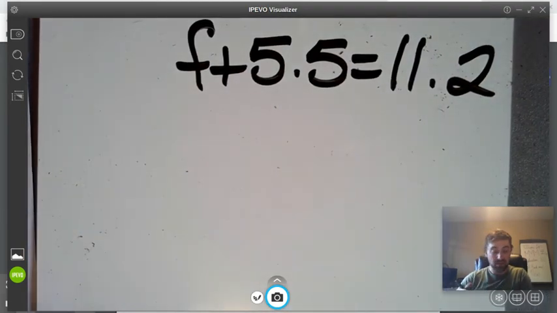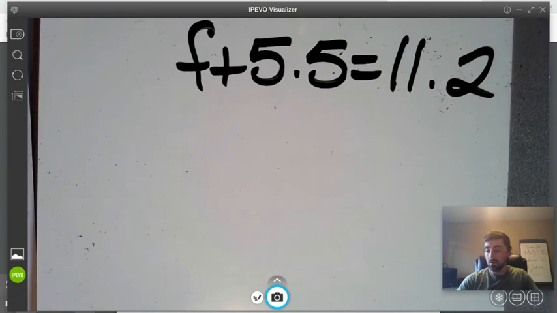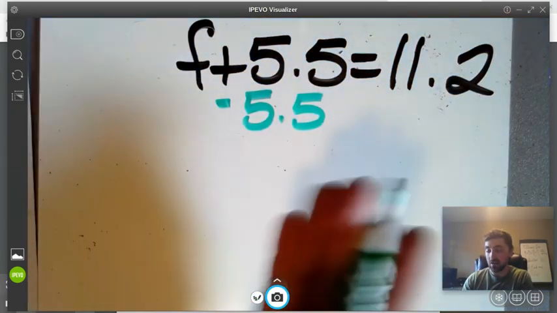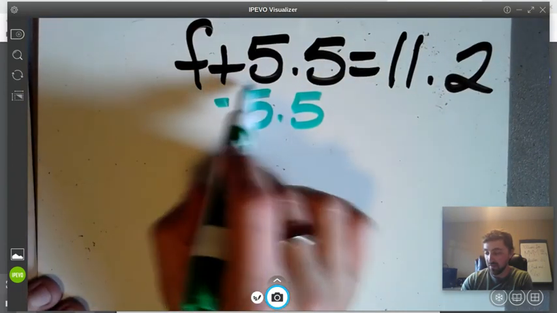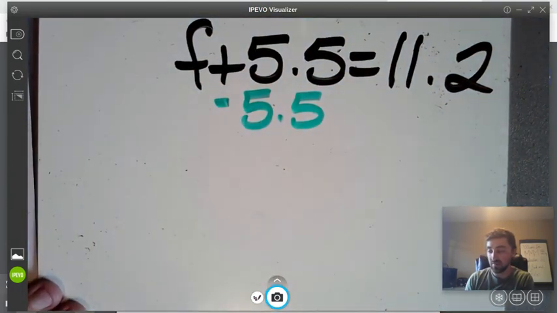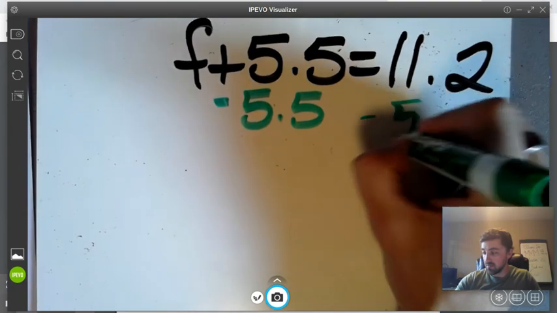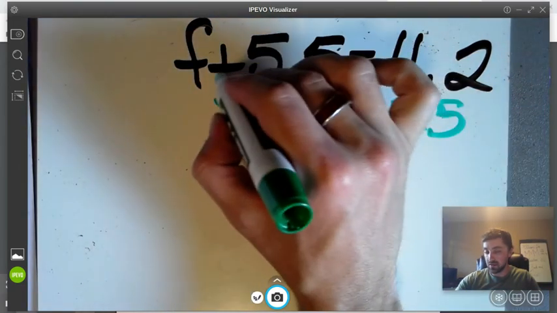We simply have to see if anything simplifies. It doesn't. We identify if something is being added or subtracted, and it is. 5.5 is being added to the unknown variable. And so we simply subtract 5.5 from each side to cancel out.